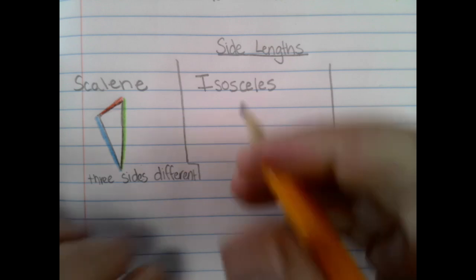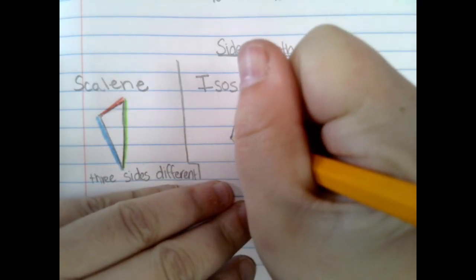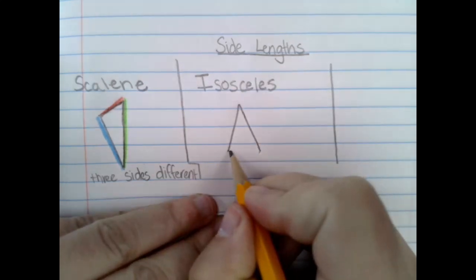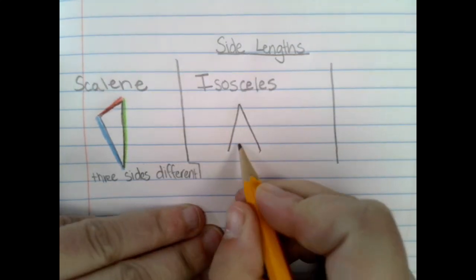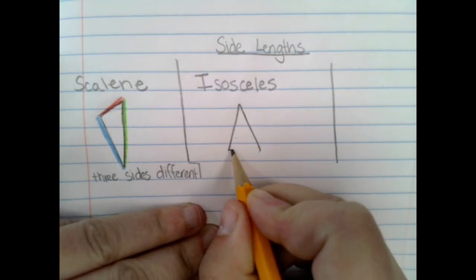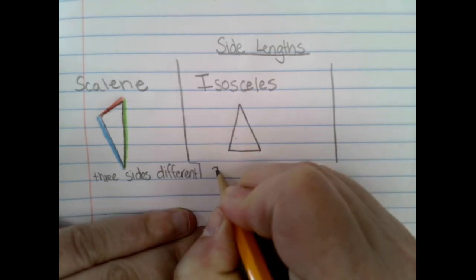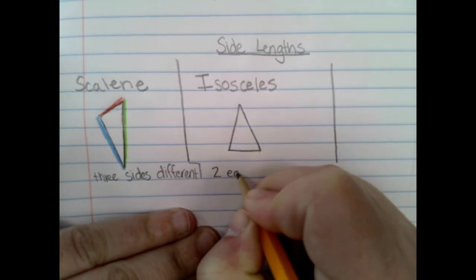An isosceles means that we have a triangle where 2 of the sides are the same length. So I usually make an A shape, because then those 2 sides are the same size, and then connect. Okay, so in this one we have 2 equal sides.